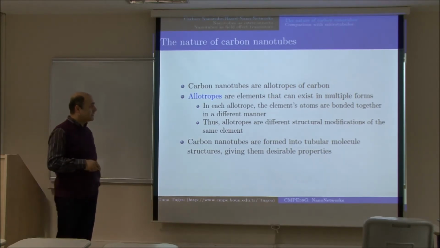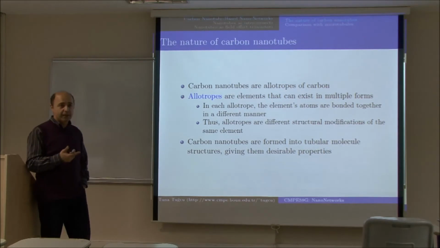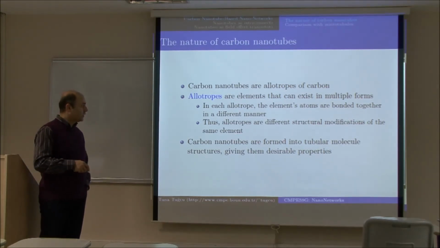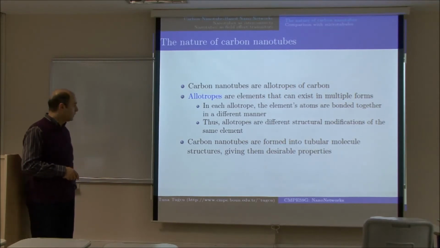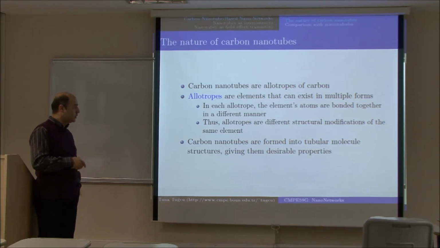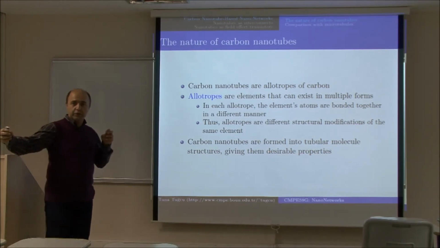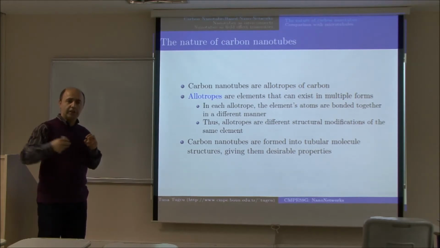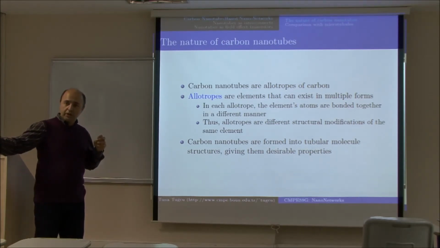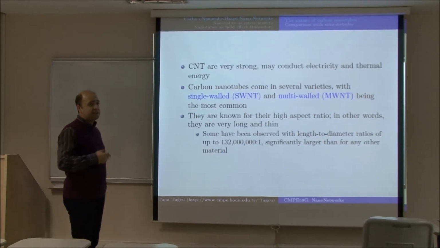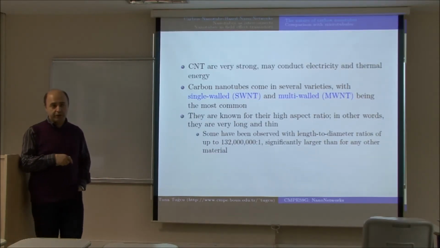So allotropes are different structural modifications of the same element. Okay? And the carbon nanotubes are formed into tubular molecular structures, giving them desirable properties. So this is, as the name implies, a tube made out of carbon atoms. But we will see that we can organize them in different ways, and each one has a different feature.